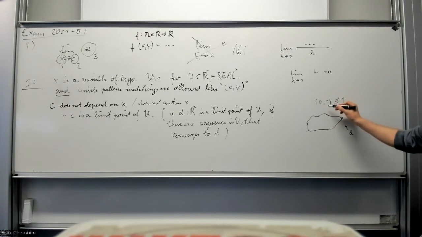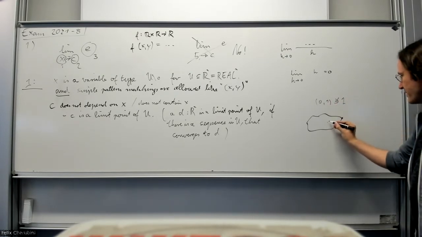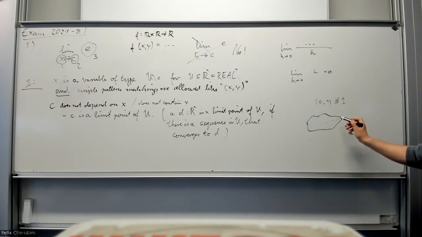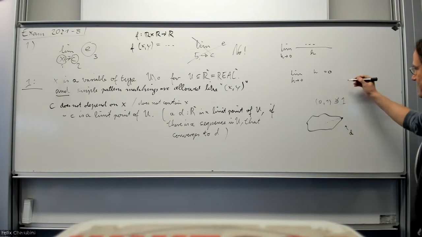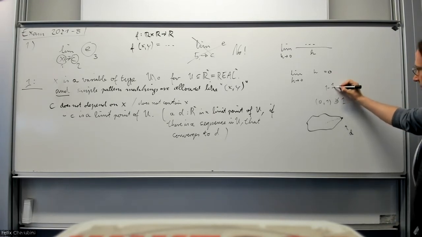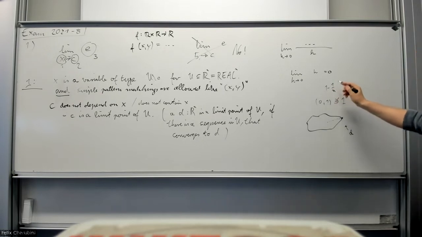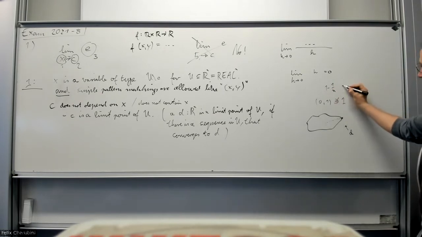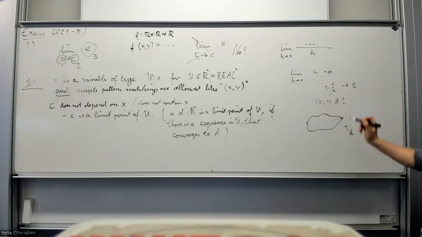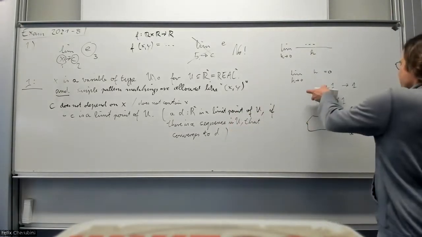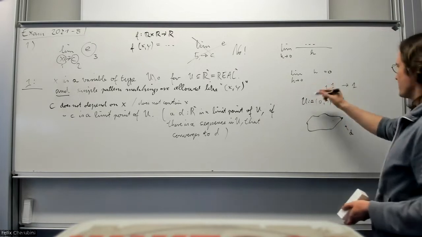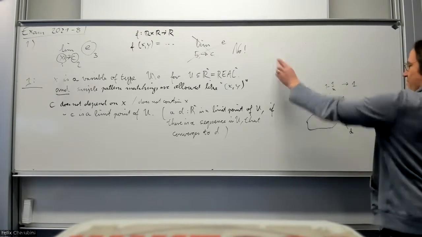But we can have a sequence which converges to that one. So for example, in this case, I can write down such a sequence: 1 minus 1 over n converges to 1. But all these members of the sequence are contained inside U.